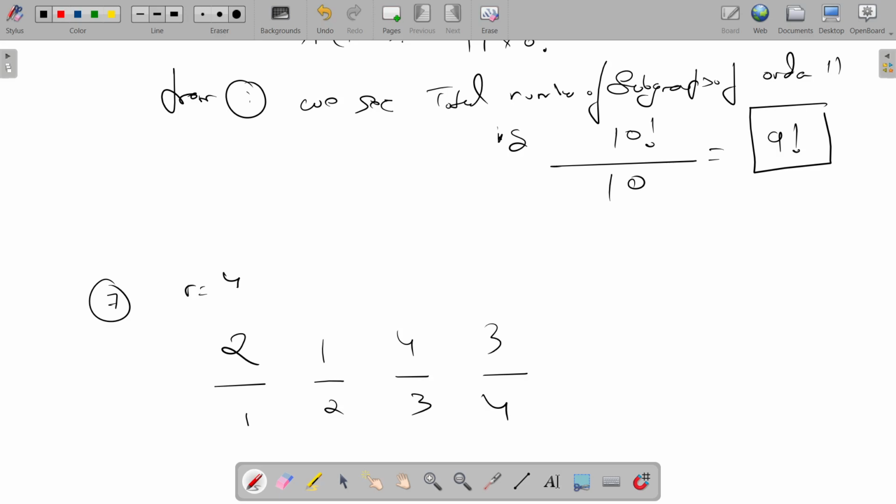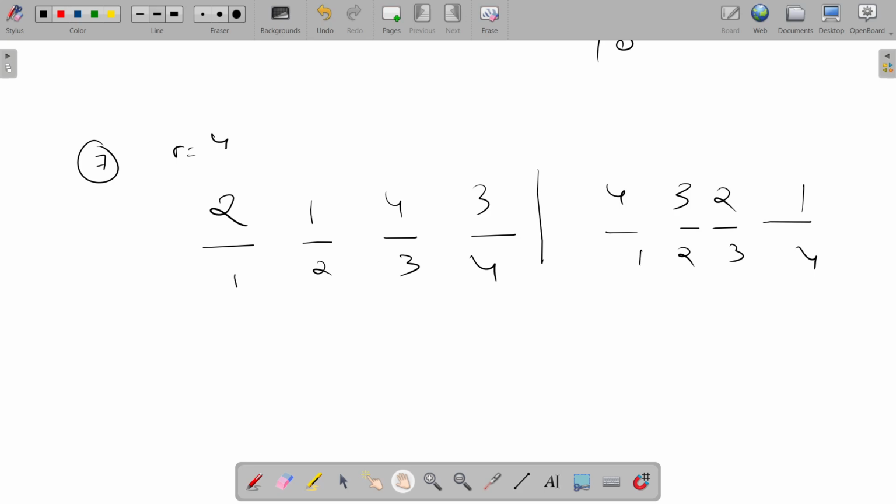Or maybe I can do 4 here, 3 here, 2 here, 1 here. So none of them are in their original places, right? This thing is called the total number of derangements, and there's a formula for it. We denote the total number of derangements of n by this, and it is known as a subfactorial.